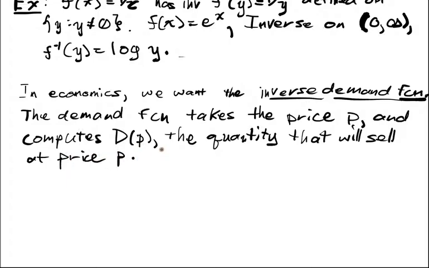So P is equal to D inverse of Q is the inverse demand function, IDF. And what does it compute? You give the value Q, which is the quantity that will sell, and it gives you the price at which that quantity you can sell that much for.